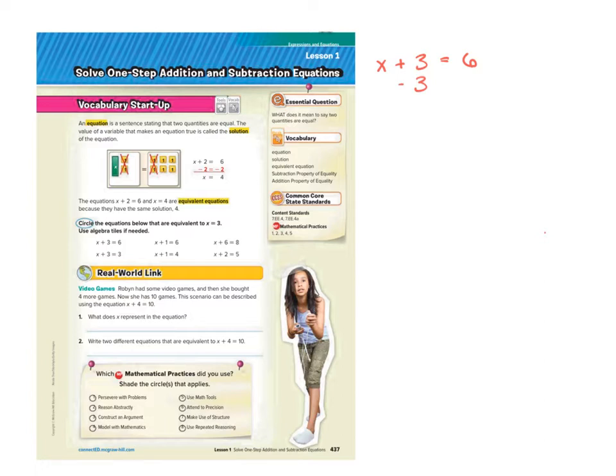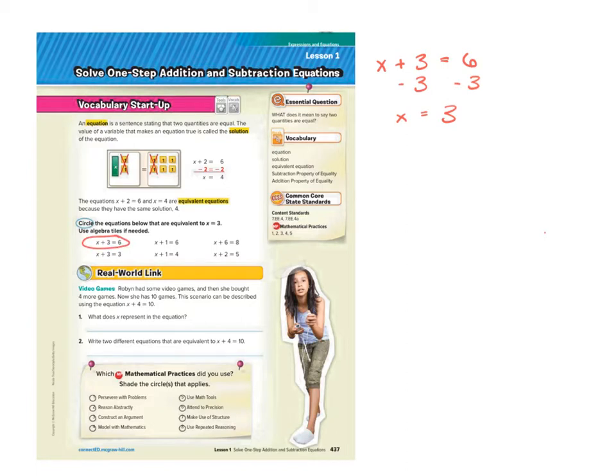We also need to keep it equal, or we say balanced, so that means that you're going to subtract 3 from the 6. When we do that, we have isolated the x, right? The x is all by itself, so we have a solution now for x. X equals 3. So we can circle this one.